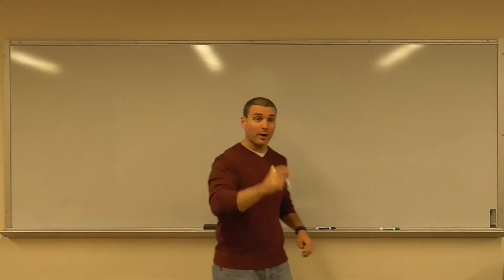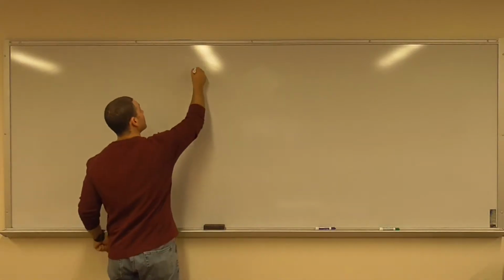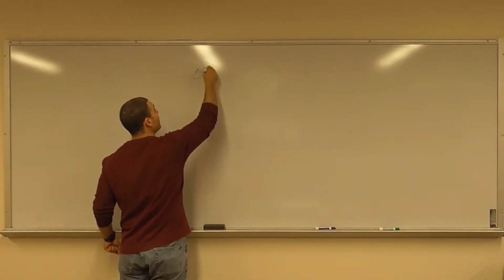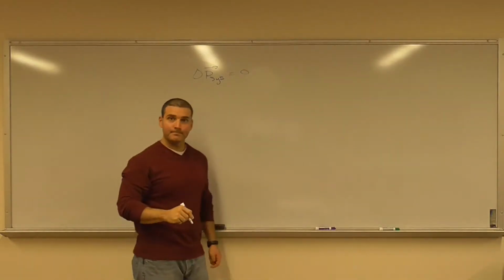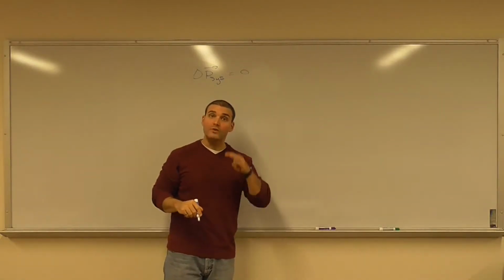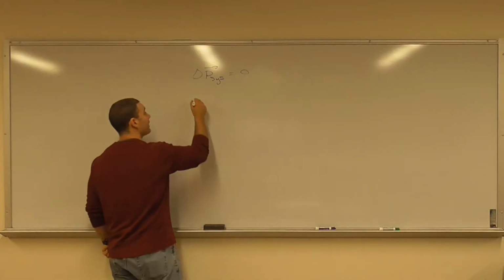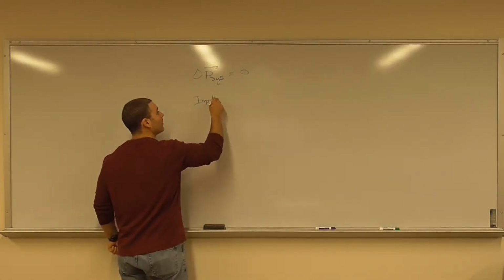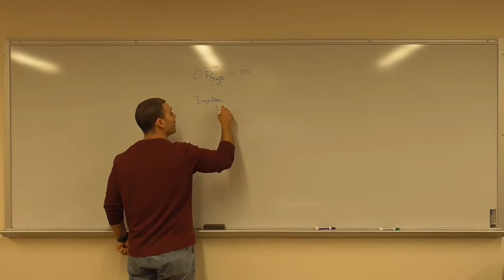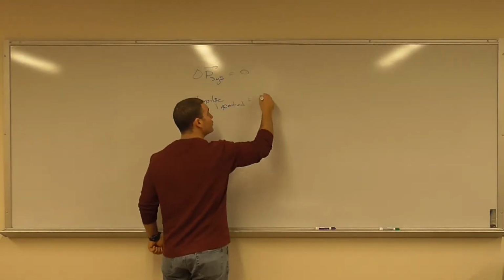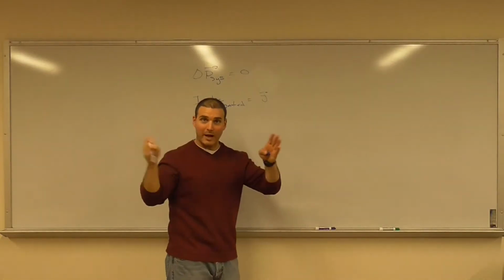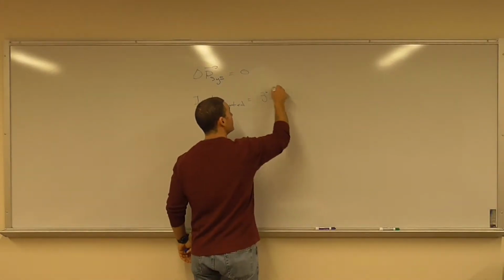Well, really, what we're talking about are conditions when the change in the momentum of the system is zero. And if you recall, what this really implies is that the impulse imparted, that is J, by all of the forces when we add them together, gives us zero.